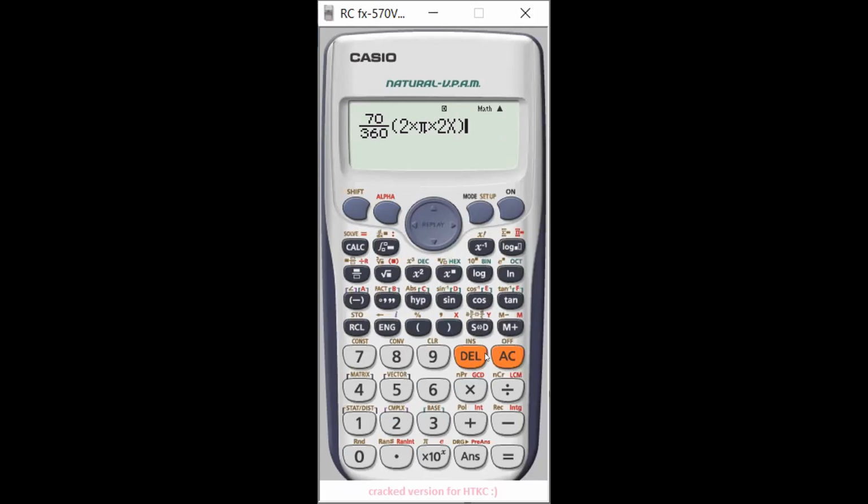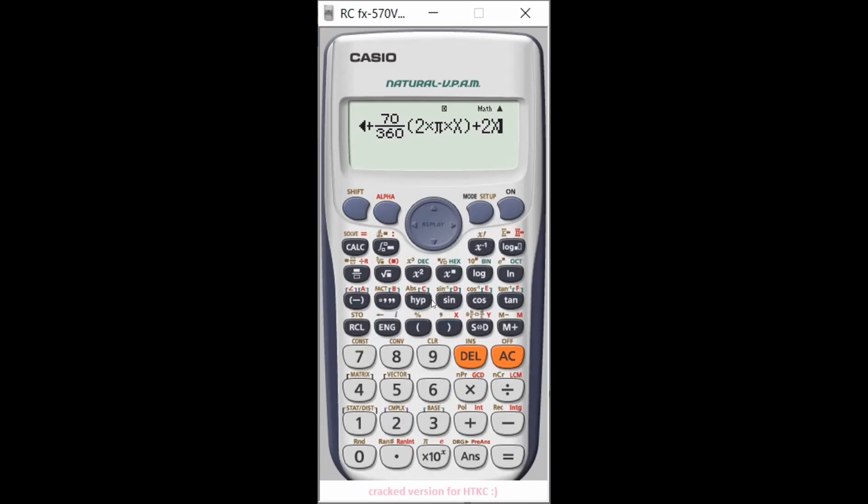Plus, what about the second? 70 out of 360, open bracket, 2 times pi times x, close bracket, plus 2x.